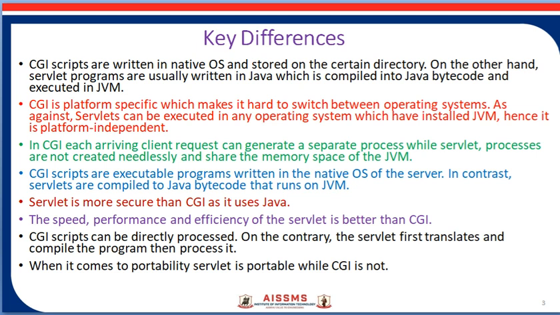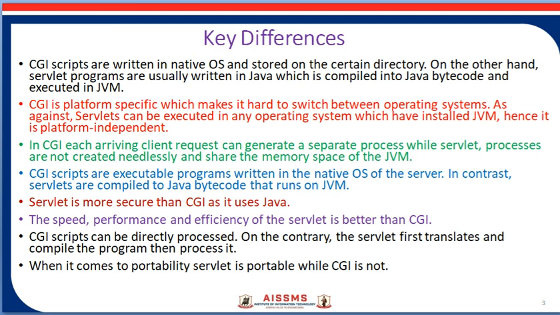In CGI, each arriving client request can generate a separate process, while servlet processes are not created needlessly and share the memory space of the JVM. Since Java supports the multi-threading concept, servlets make use of multi-threading, so instead of a process, a thread is created.